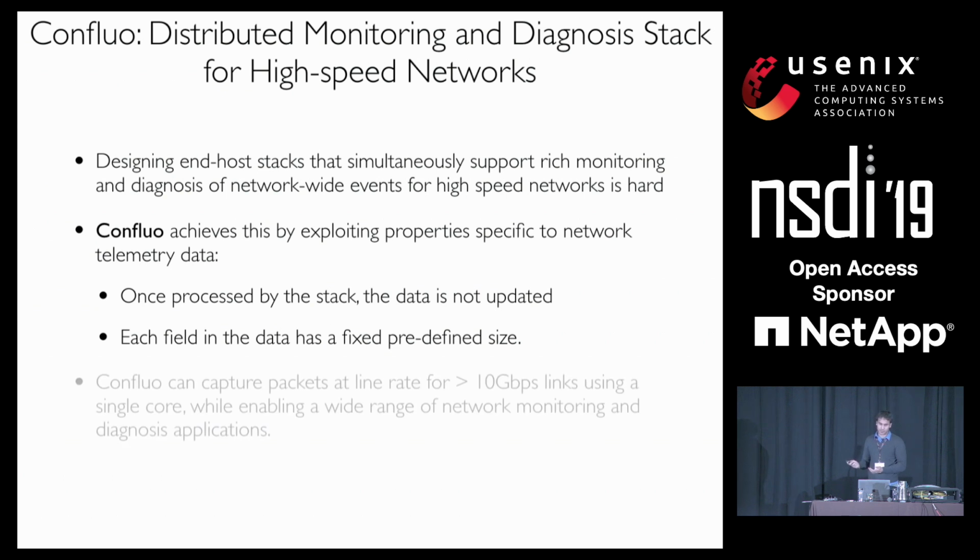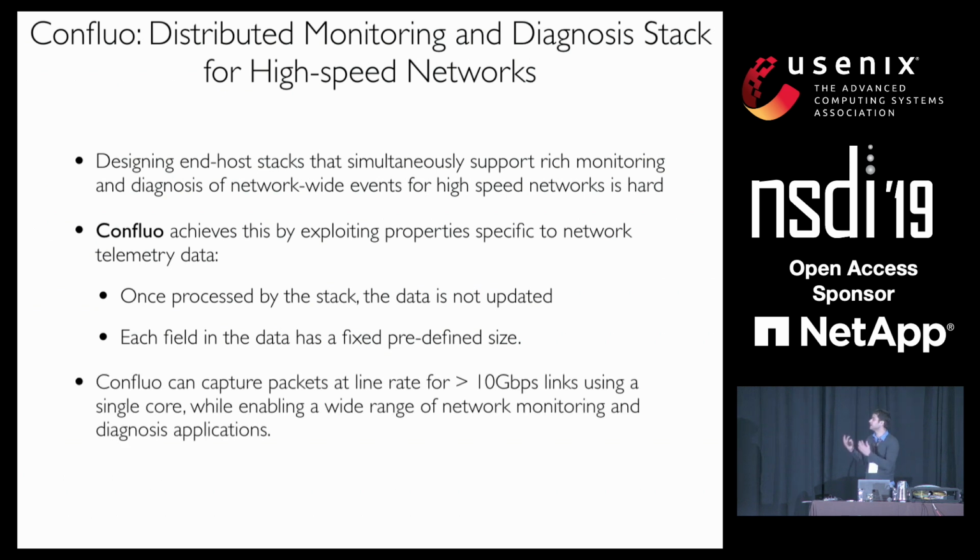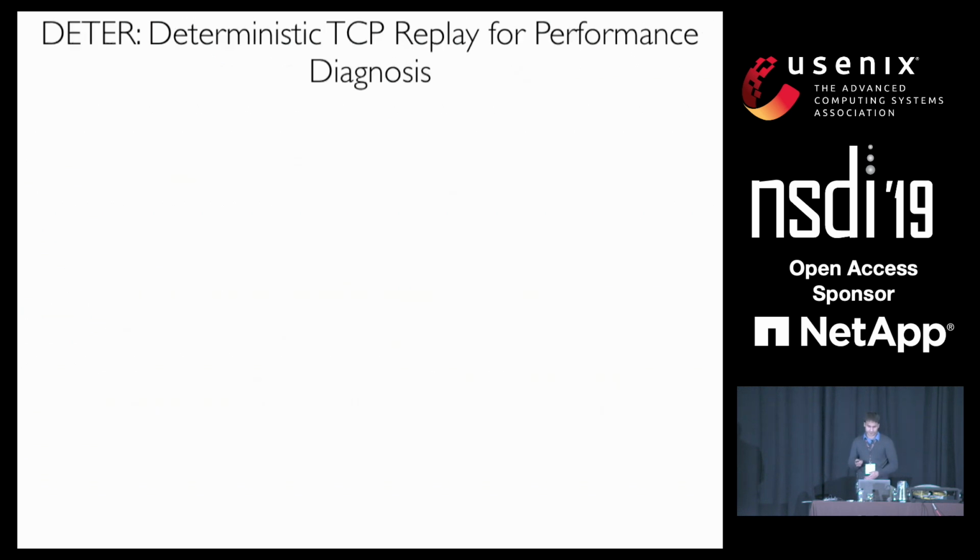And by exploiting these properties, it is able to not only capture packets at a line rate for larger than 10 gigabit links on a single CPU core, but it is essentially also able to support a wide range of network monitoring and telemetry applications by exploiting the telemetry data that's embedded within packet headers.